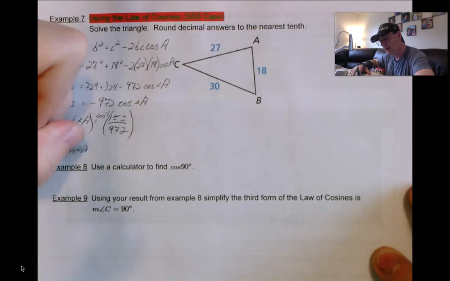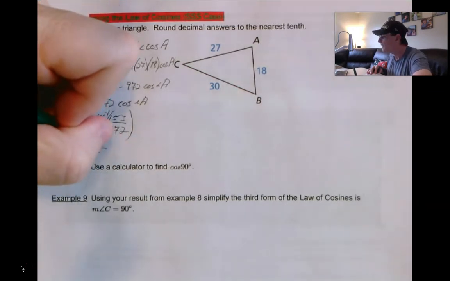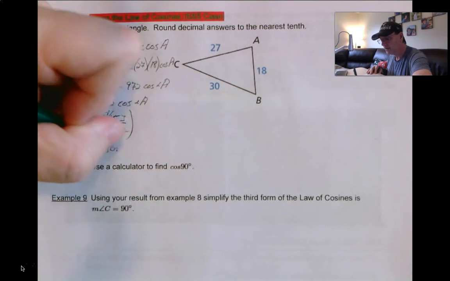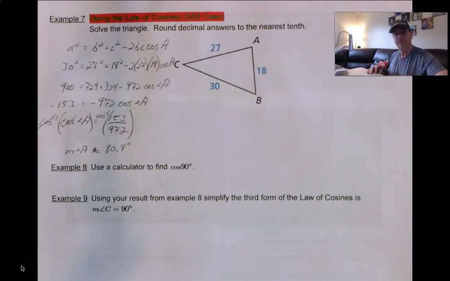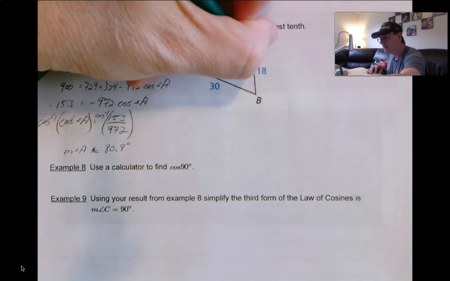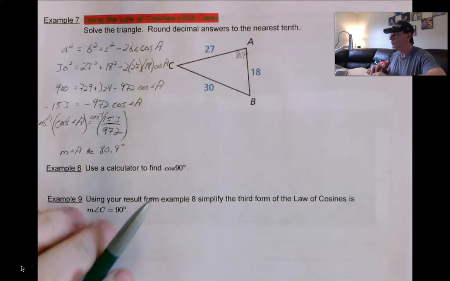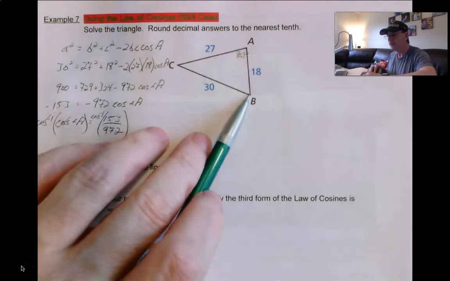Measure of angle A equals 153 divided by 972 gets me a number, and I do inverse cosine of that, and I get approximately, and again we're rounding to the nearest tenth, 80.9 degrees. Measure of angle A here, 80.9 degrees. Now, according to the chart, we can find either B or C next.